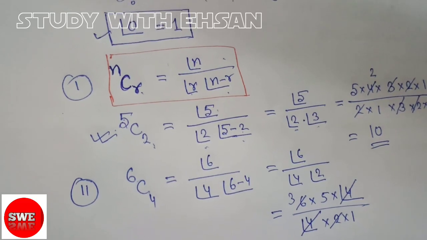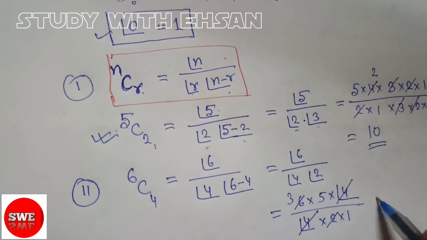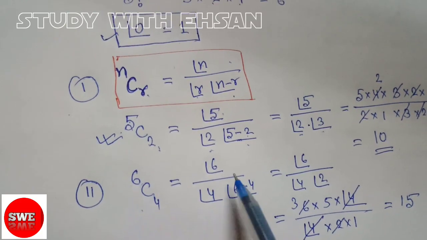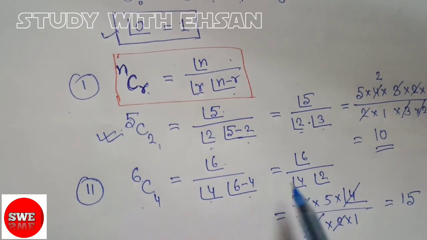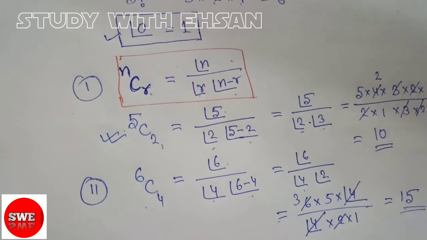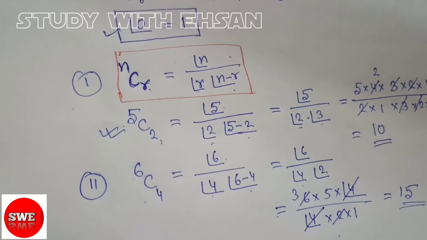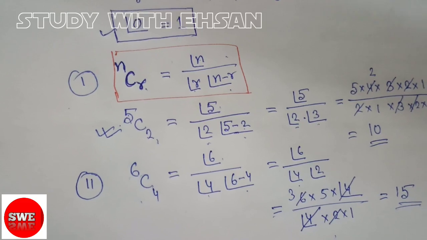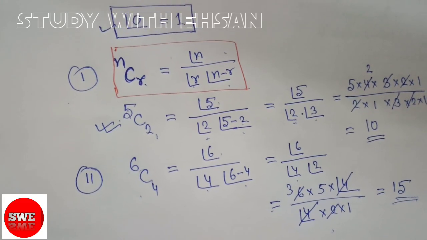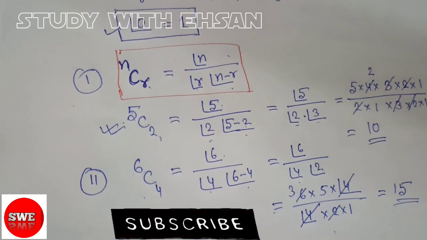Then 2 ones are 2 and 2 threes are 6. It is very clear. Now 3 fives are 15. That means 6C4 is factorial 6 upon factorial 4 into factorial 6 minus 4, and expanding like this you get the answer 15. Then 6C4 is 15. Now it is very clear how to find factorials.